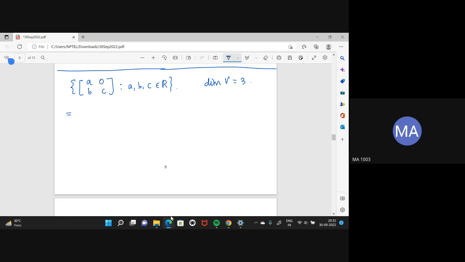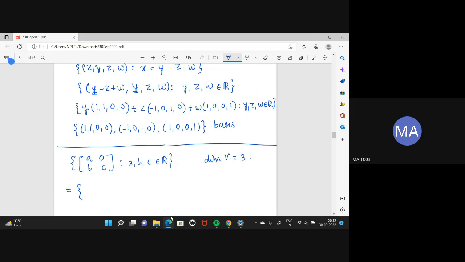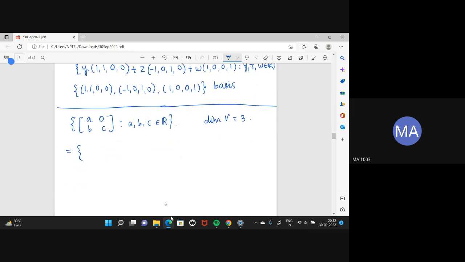So you find a spanning set. Can you find a spanning set for this set of matrices, like how we did here? Matrix A, 0, 0, 0: A times 1, 0, 0, 0, plus B times 0, 0, 1, 0, plus C times 0, 0, 0, 1.